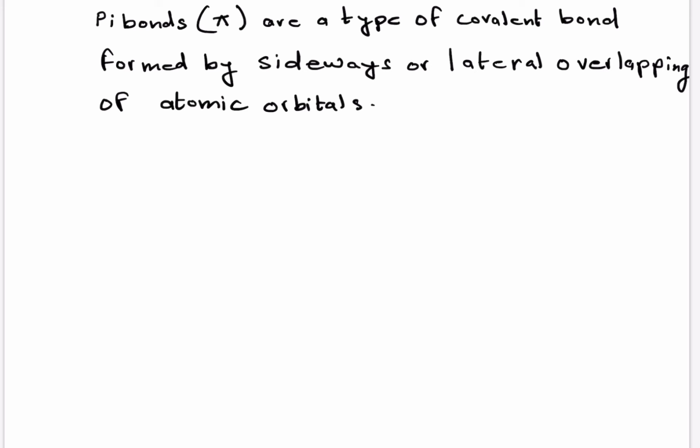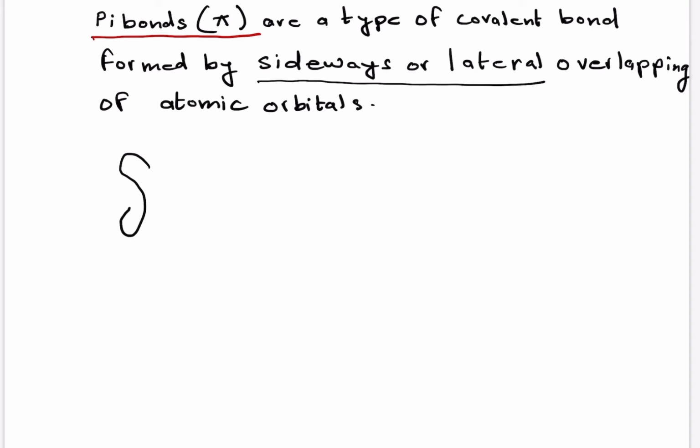So let's underline that. Pi bonds are a type of covalent bond formed by sideways or lateral overlapping of atomic orbitals. If we draw the diagram, we can draw it like this.